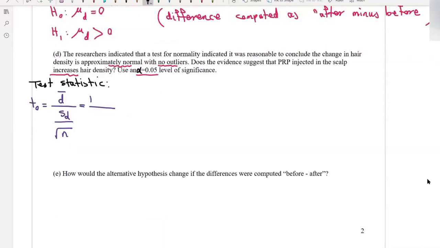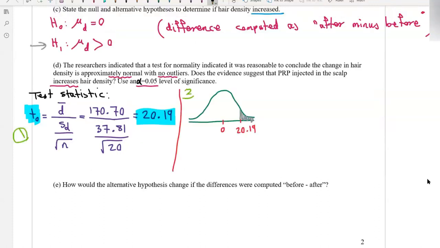The mean difference was given as 170.70, the standard deviation was 37.81, and n, the sample size, was 20. The answer here I got is 20.19. So we first work on this one, then I draw this one.